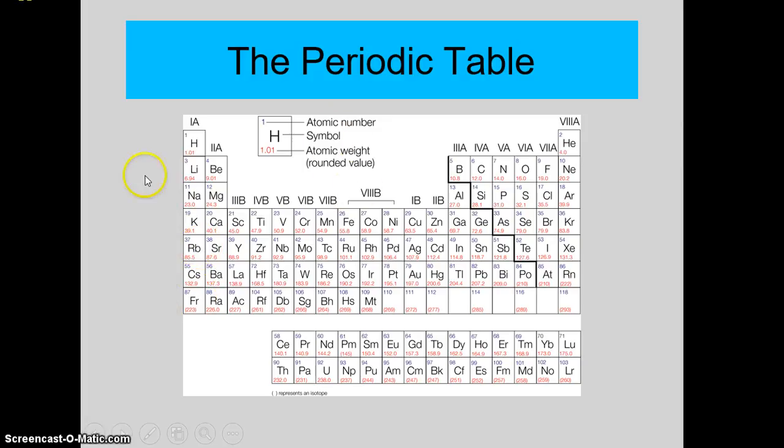All the metals, everything over here, tend to lose electrons. The nonmetals tend to gain electrons. So column 1A loses 1 electron. Column 2A loses 2 electrons. Aluminum, 3A, loses 3 electrons, and that's it. The rest of the metals don't always do the same thing. Sometimes they lose 2, sometimes they lose 1, sometimes they lose 4, it depends. All right, we'll get to that later.